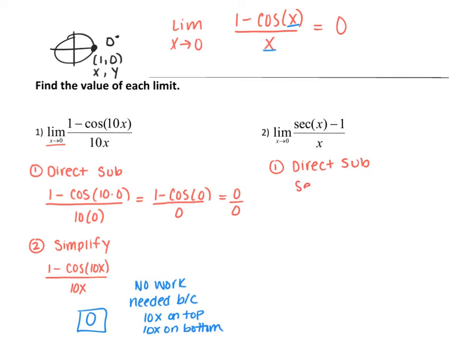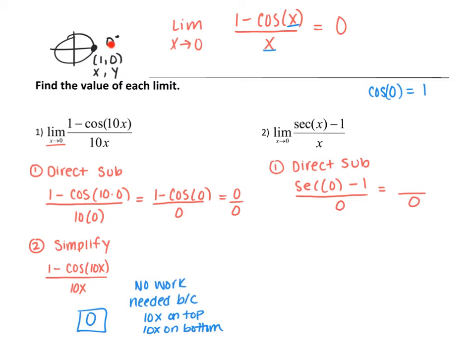So we have secant of 0 minus 1 over 0. So the bottom stays as 0. And now we have to find secant of 0. We know that secant is the reciprocal of cos, and we know that cosine of 0 degrees is 1, right?